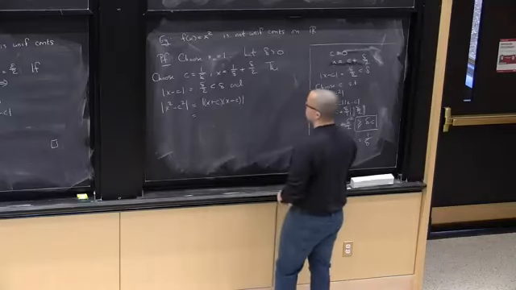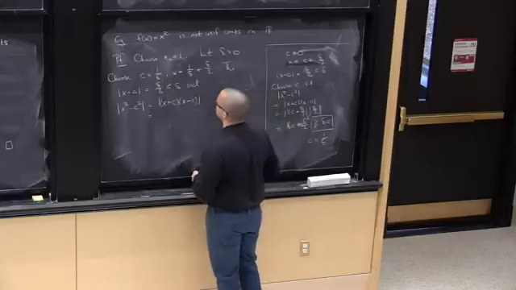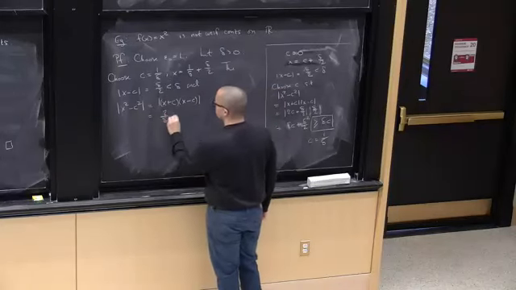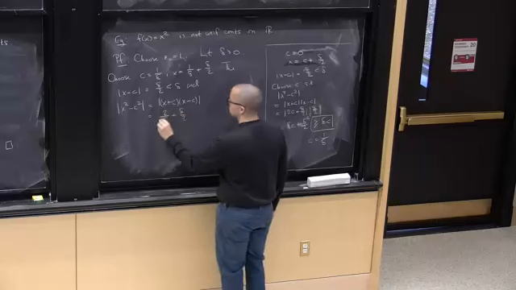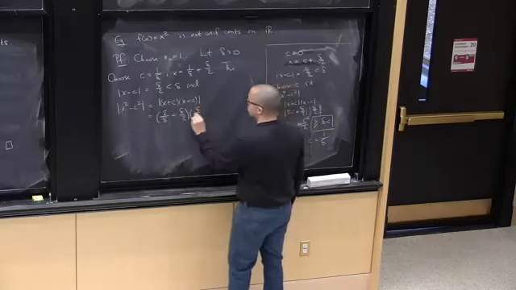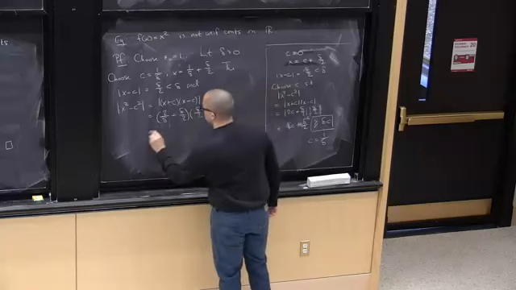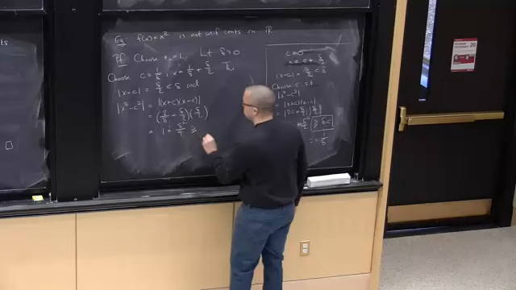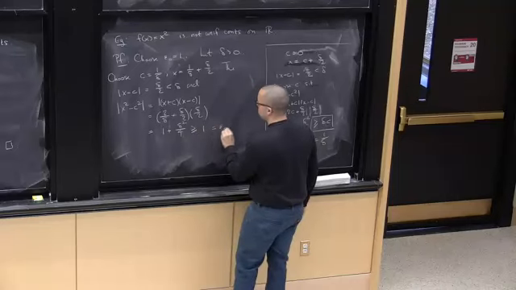X plus c, as we did a minute ago, is going to be 2 over delta plus delta over 2. X minus c is equal to delta over 2, so the product equals 1 plus delta squared over 4, which is bigger than or equal to 1, our bad epsilon.